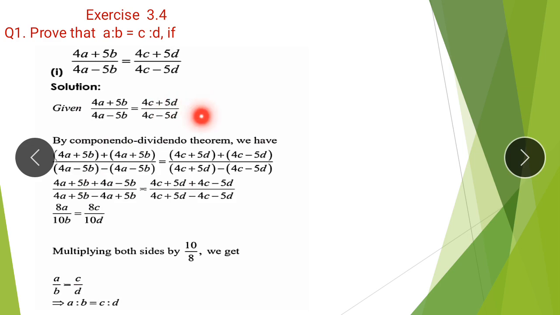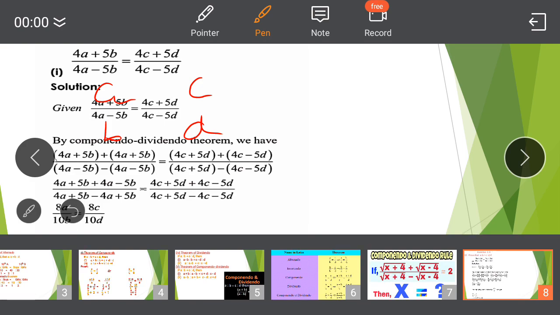Similarly 4c plus 5d should be written, and plus sign, then 4c minus 5d, then again 4c plus 5d, then minus 4c minus 5d. Means it will be a plus b, a minus b. Let me make it clear for you: this will be a, this will be c, b, this will be c, and this one will be d. So a plus b, a minus b, c plus d, and c minus d.